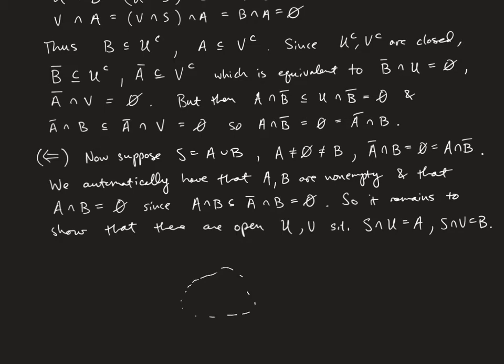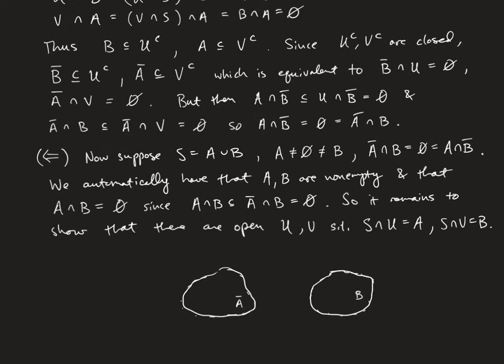So if this is your A here, and this is your B here, what we know is that not only are A and B disjoint, but actually the closures of these sets are disjoint from each other. So when you take the closure, the sets are still disjoint, right?